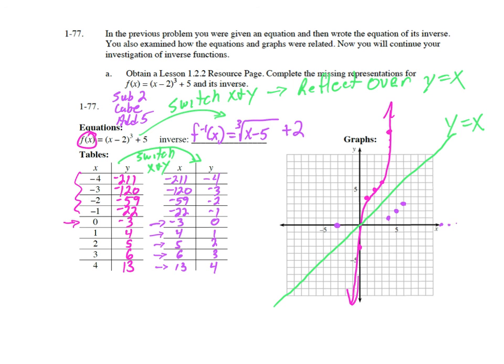There's 11, 12, 13. And so my graph looks something like this. And it does look like a reflection over the line y equaling x.